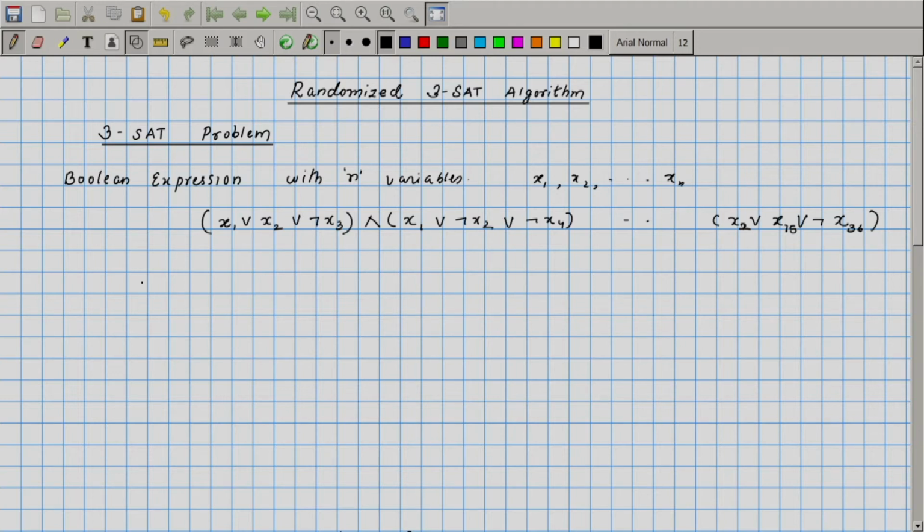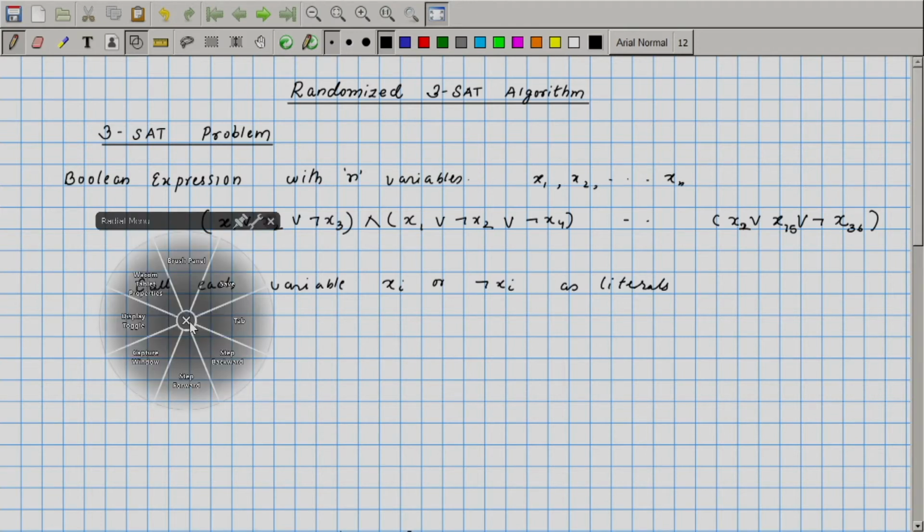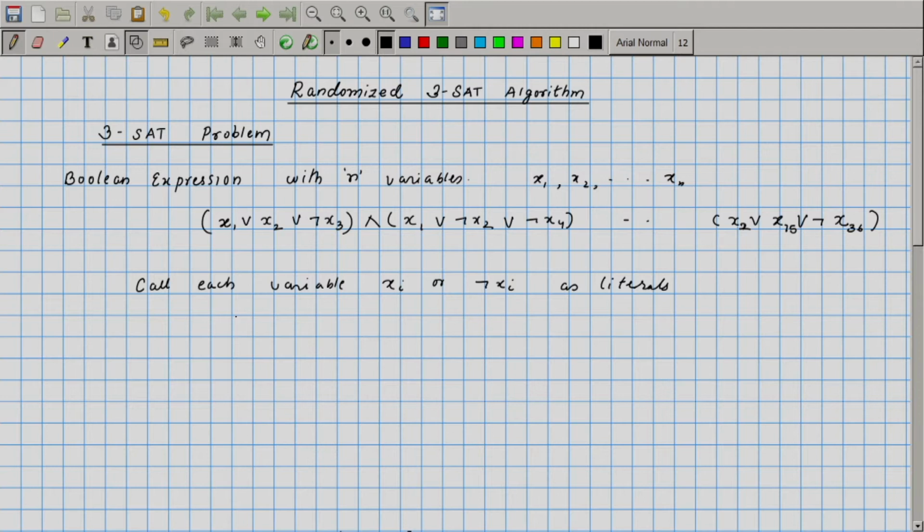We will call each variable xi or its negation not xi a literal, and then we can combine them by OR. Take the OR of 2 or more literals.